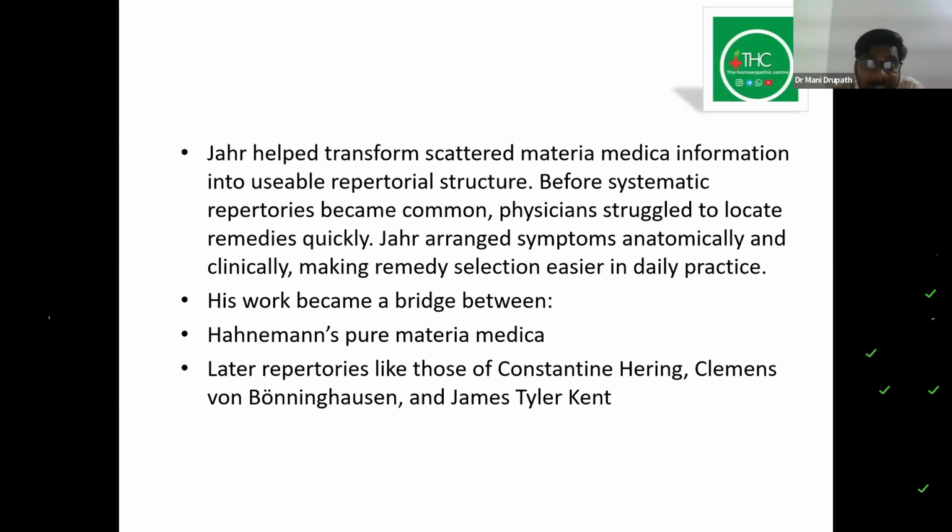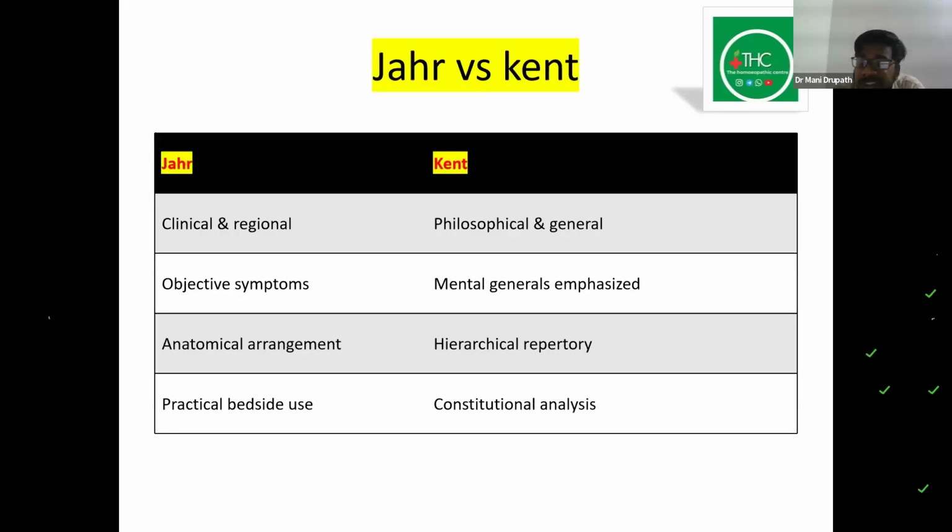Later repertories were those of Constantine Hering, Boenninghausen and James Tyler Kent. So what is the difference between Jhar and Kent here? Jhar is more clinical and regional, like Nash's materia medica. For example, if you read Nash's materia medica, he generally divides into organopathic remedies or trios of remedies, like the digestive system: Nux vomica, Pulsatilla, Bryonia.